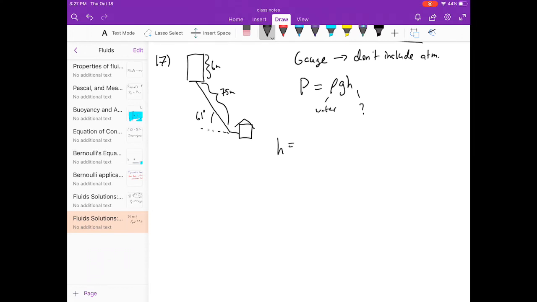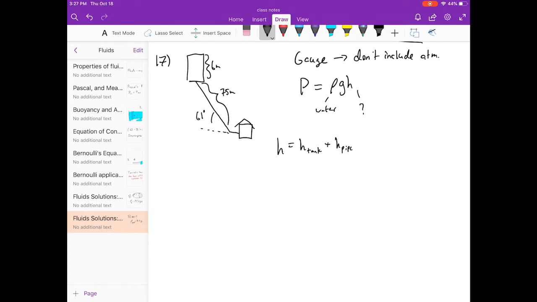So h is going to be equal to the height of the tank plus the height of the pipe. Your first instinct might be, okay, let's just add 6 to 75, but you've got to be careful about that. 75 meters is not the height of the pipe.